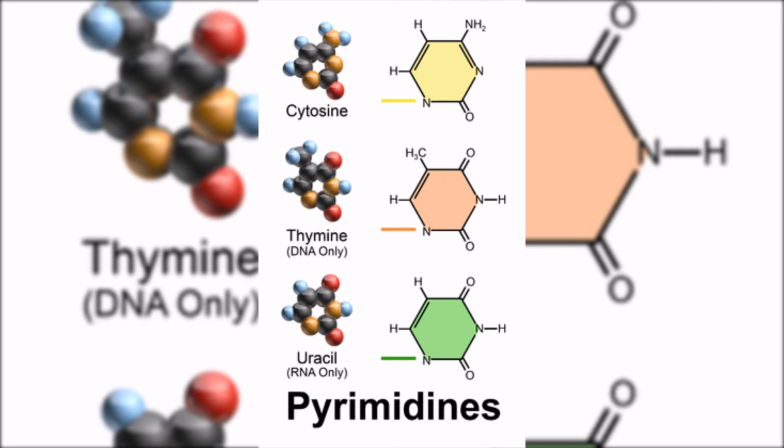Purines and pyrimidines are heterocyclic aromatic organic compounds which you will be studying in organic chemistry. In nucleic acids, that is DNA and RNA, 3 types of nucleobases are pyrimidine derivatives, namely cytosine, thymine and uracil. Purines are adenine and guanine.